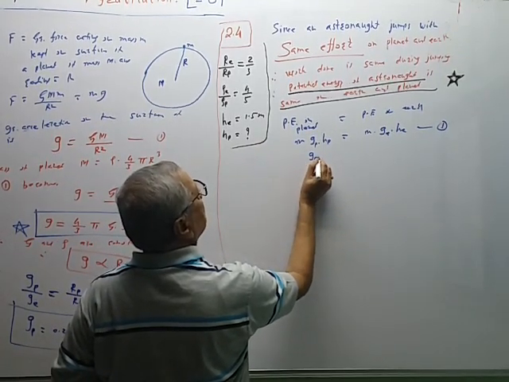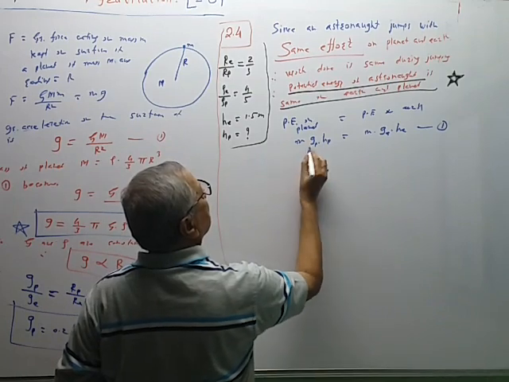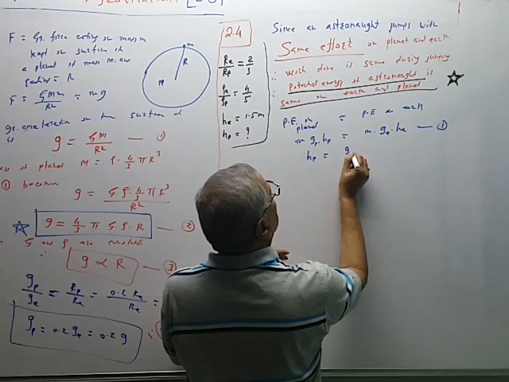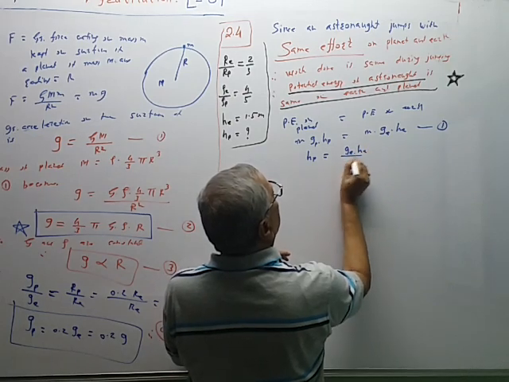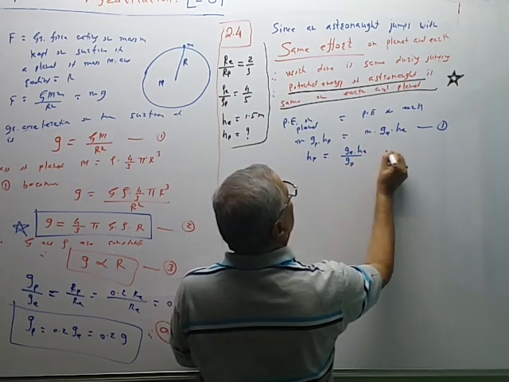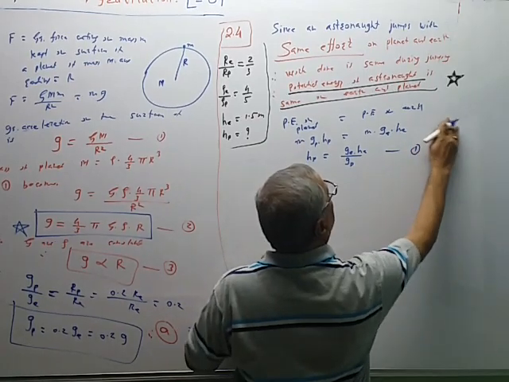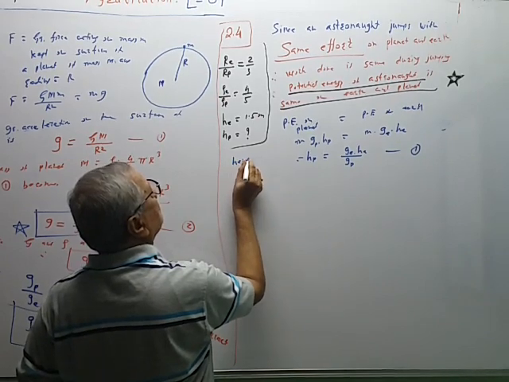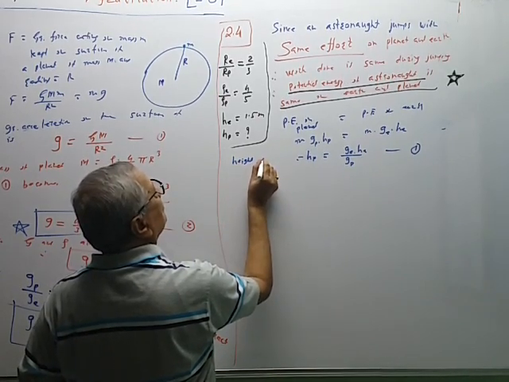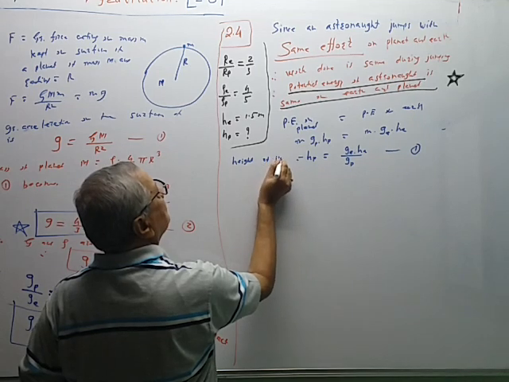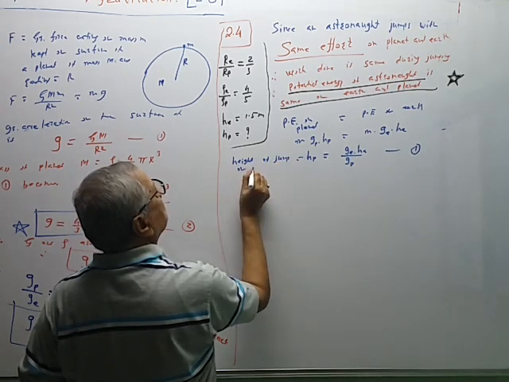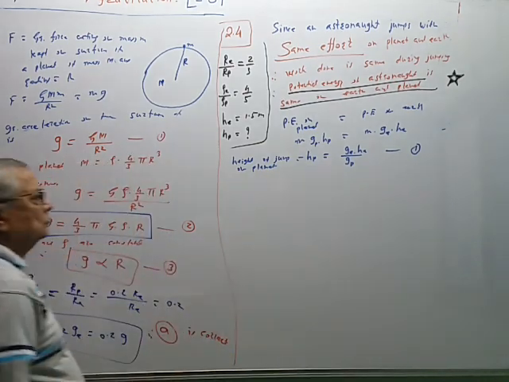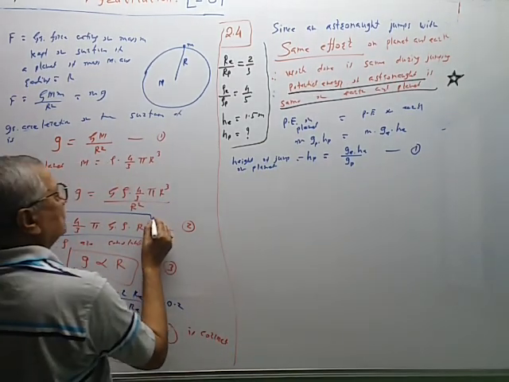So Hp is equal to g He upon gp. This is equation 1. H is the height of the jump on planet. So now you can use this equation.